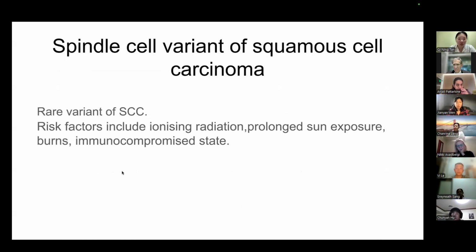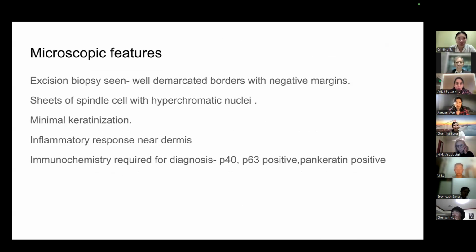It is a very rare variant of squamous cell carcinoma, and the risk factors include ionizing radiation, prolonged sun exposure, burns, or an immunocompromised state. As for the microscopic features, as Dr. Nikki described, this was an excision biopsy with well demarcated borders and negative margins.